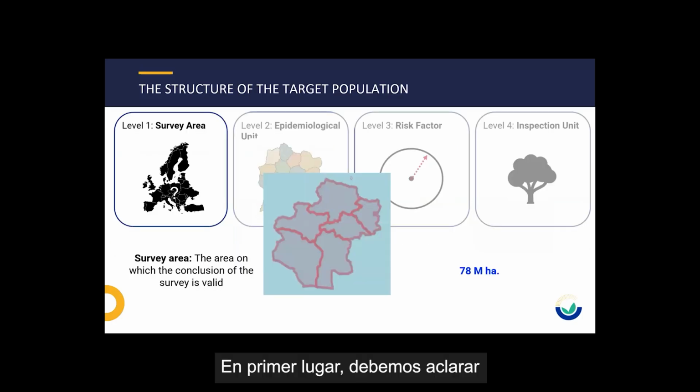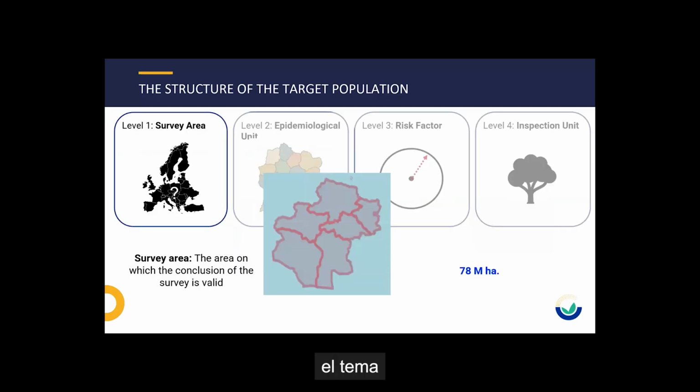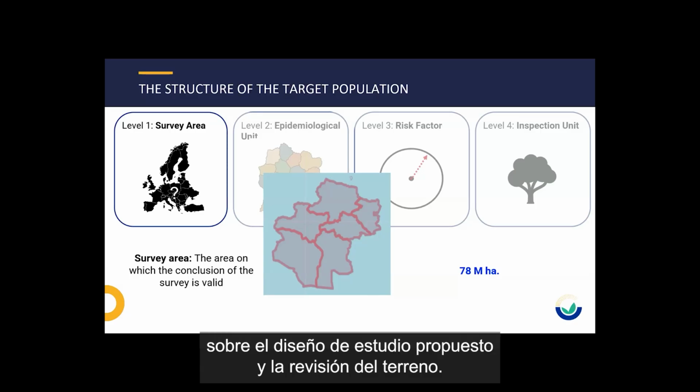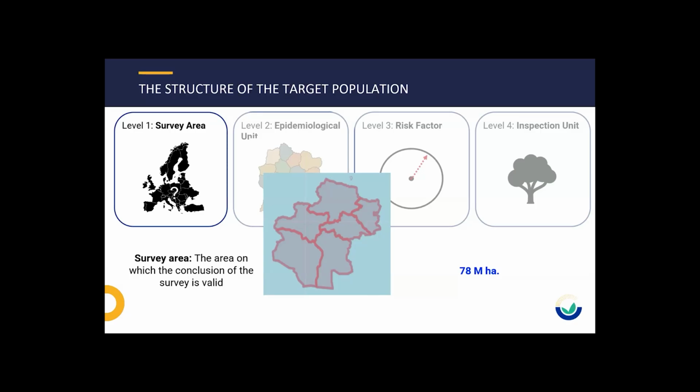First of all, we have to clarify what is the area that we want to survey, about which we want to have a final conclusion after using the survey design proposed by RIPEST in the field.